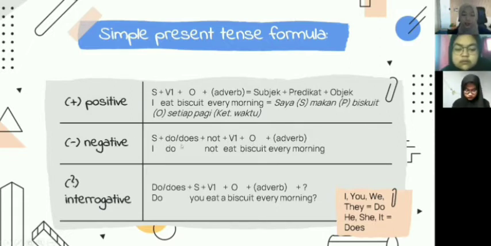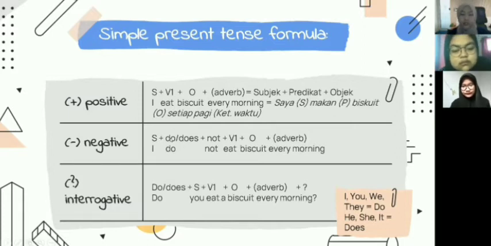Because it is negative, we add not. For example, I do not eat biscuit every morning. The interrogative one is, do you eat a biscuit every morning?